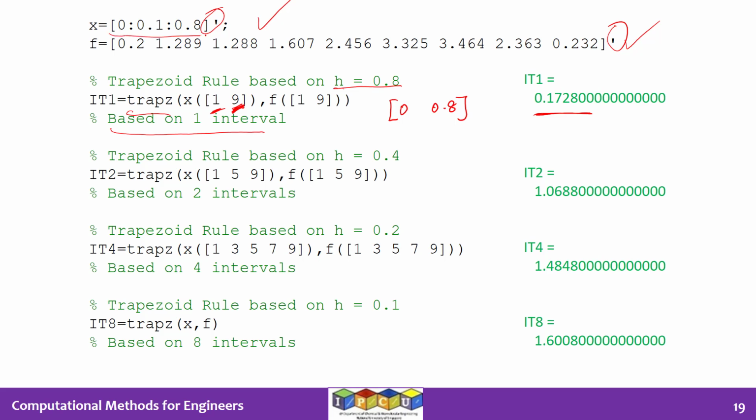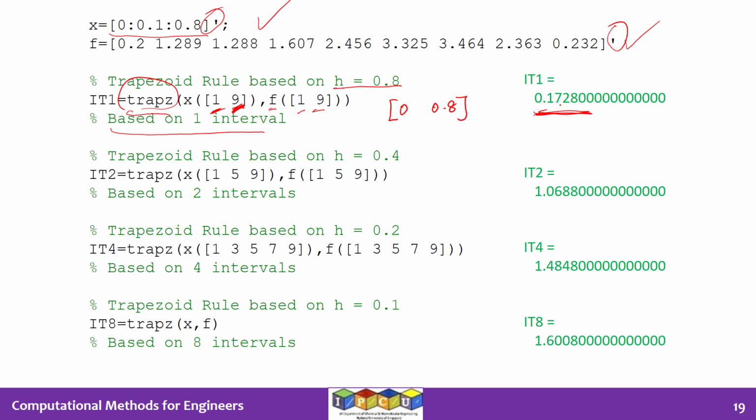You can see that. The first element is 0, the last element is the ninth element, it is 0.8. And I'm picking the corresponding elements of f, alright? So the f values should also be 1 and 9. So I call the trapz command giving these two x values and the corresponding f values. I get this to be the estimate.